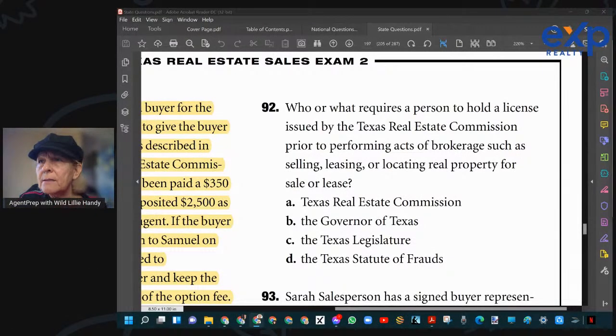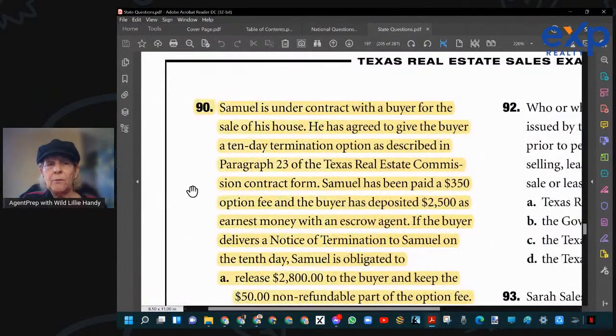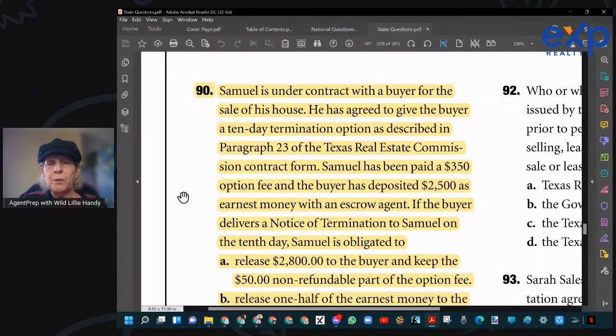Let's go back. Sandy asked about explaining 91 again. Okay, Sandy, whenever we have a contract between a seller and a buyer, when the buyer wants to do inspections, roofs, wells, septic, air conditioner, anything, they'll ask for a time frame called a termination option period to do their inspections.